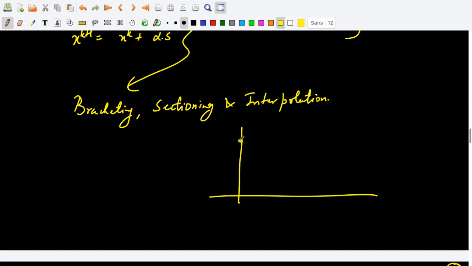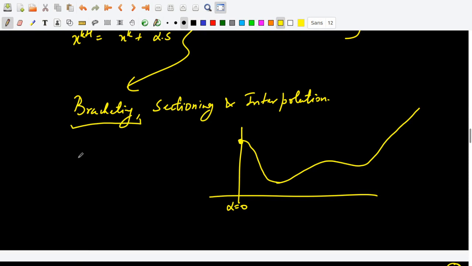So looking at the picture, currently I am at alpha equal to 0, and I need to search somewhere for alpha. So in what region would I search? That identification of region for search is called bracketing.